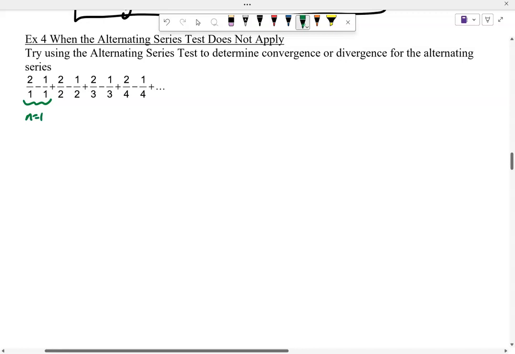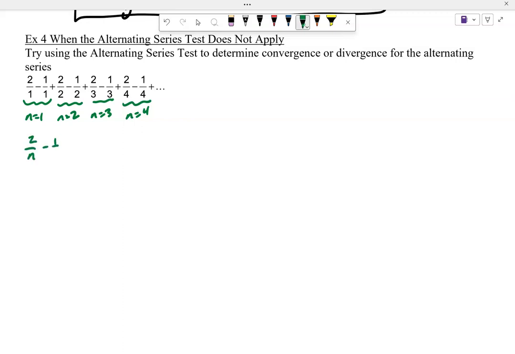See how if n is 1, this might be the easiest way to see this formula here. If n is 1, you see how you got 2 over n minus 1 over n? And then if n is 2, I got 2 over 2 minus 1 over 2. If n is 3, you got 2 over 3 minus 1 over 3.